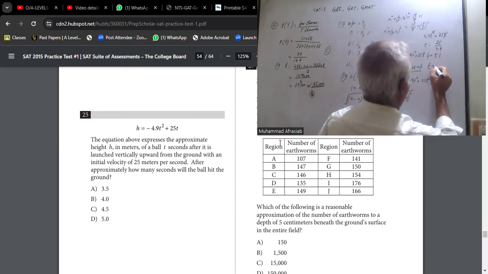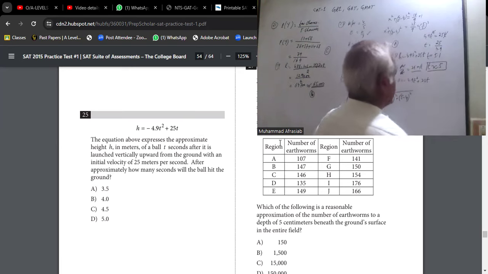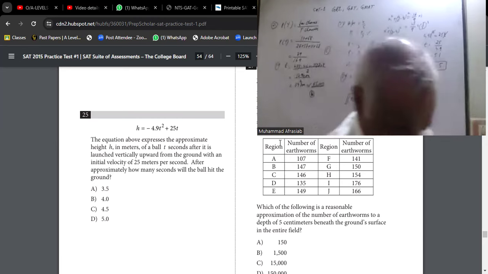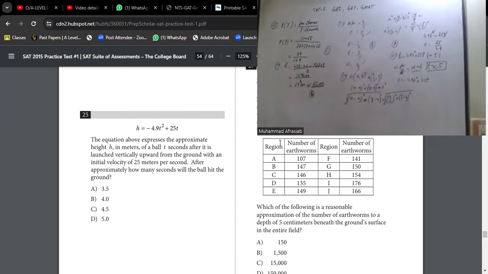So t value is approximately equal to 5. So the answer there is 4.55. So D part is the answer of this question there.